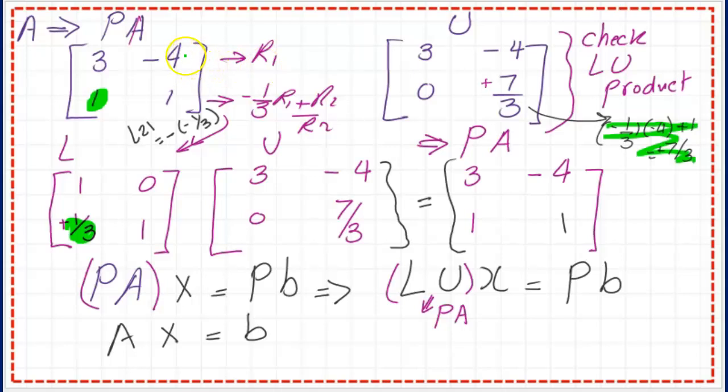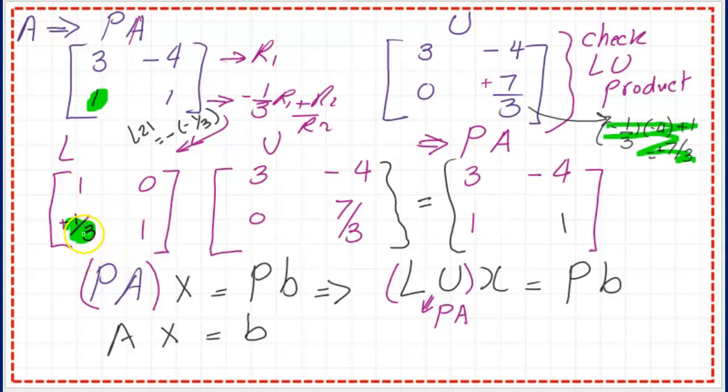Thus we have our U matrix, for which U11 equals A11 and U12, minus 4, equals A sub 1,2. And this value is U sub 2,2. This is the U matrix. As we know, we change this sign and it becomes, for the L matrix, a diagonal of 1, 1 due to Doolittle, and we change the sign of 1 over 3, and it becomes L sub 2,1 equals 1 over 3.